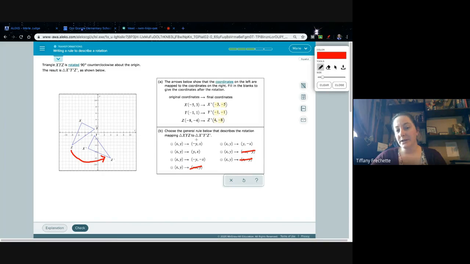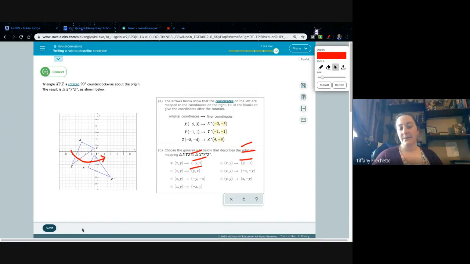So this one has a negative in front of only y, so that's a good option. This has no negatives. We know we don't want that one. This has a negative in front of both, and this has a negative only in front of x. So the only option is this one, and this is our mapping. So we flip-flopped, and we change y. Next. Yay, we're all done with another one.